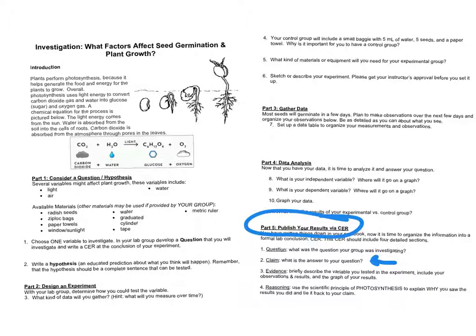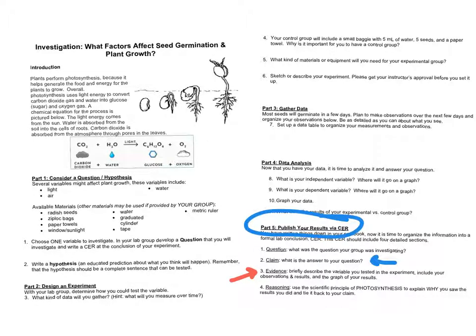But again, most people did just fine with that. Now let's take a look at the evidence piece. The evidence is where we had more people start getting things wrong. And if you read the directions, it says briefly describe the variable you tested in the experiment and include your observations and results, including your graph.